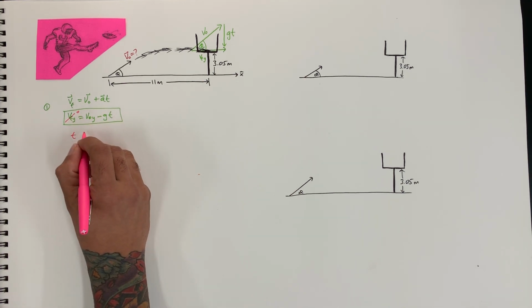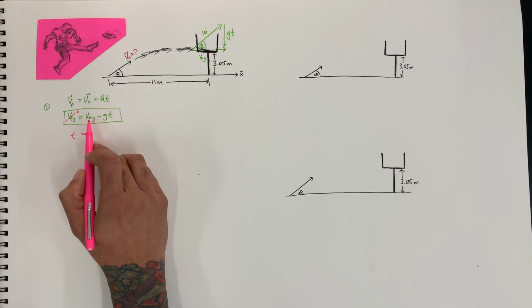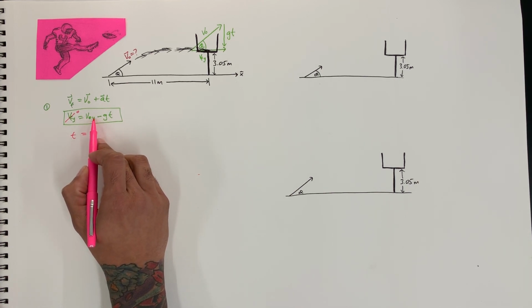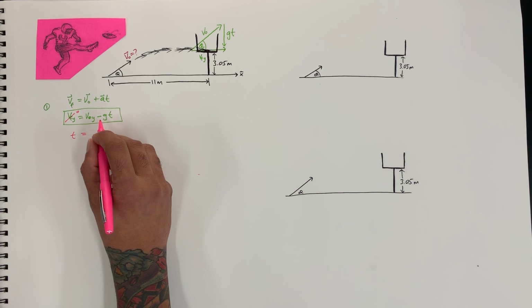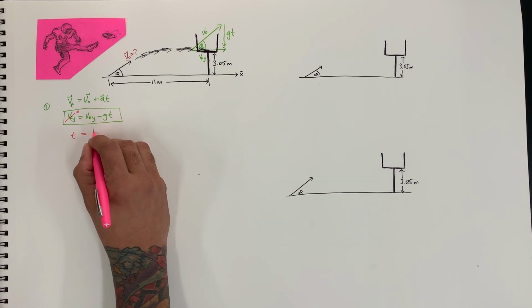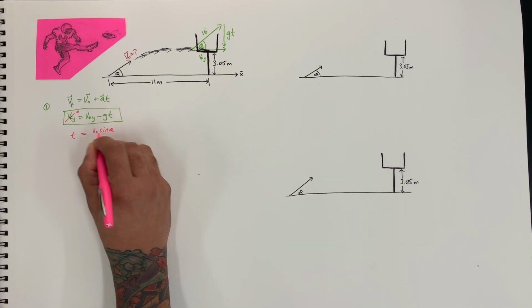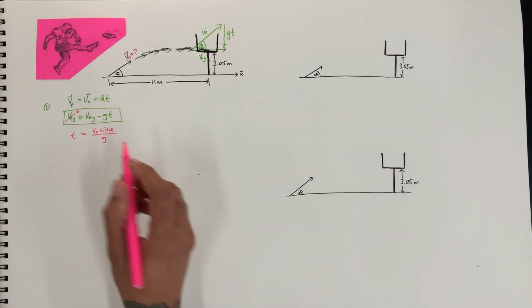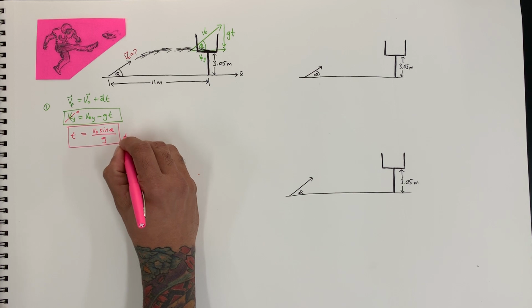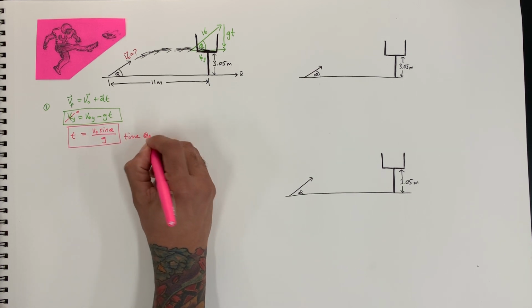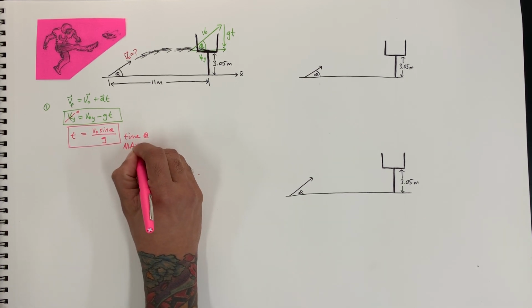Okay, so time is going to equal, now remember that this here, V initial in the Y, is the same thing as saying V initial sine. So when I rearrange everything, I'm going to have V initial sine theta over G. And this time represents the time at max height.